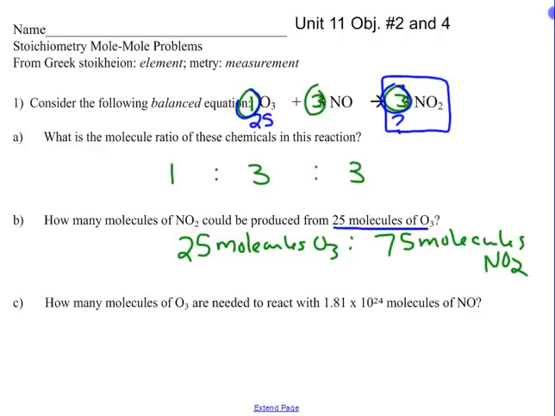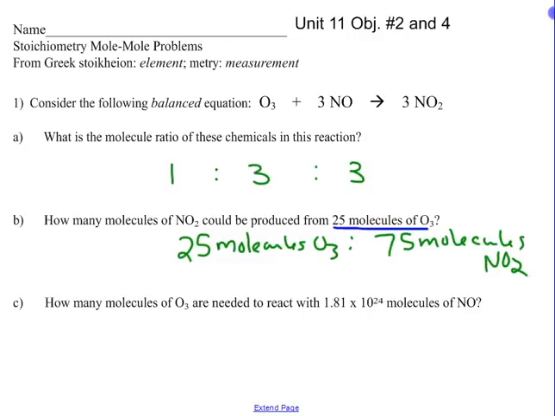Part C says how many molecules of O3 are needed to react with 1.81 times 10 to the 24th molecules of NO? I'm going to erase this right here so we can see this a little more clearly.